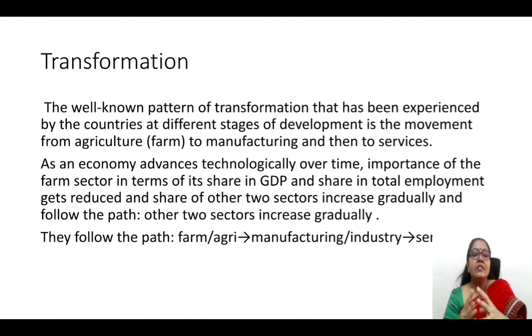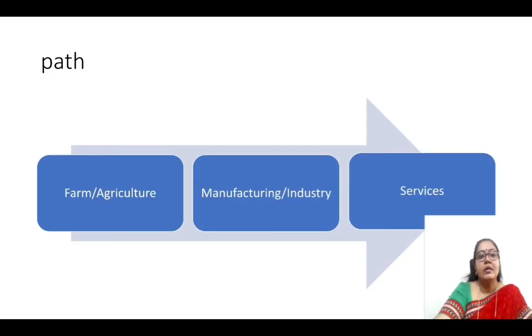The path that we see is farm or agriculture transforming to manufacturing or industries, that in turn transforming to services. Just try to put this in a picture form, wherein the farm or agriculture sector moves towards manufacturing and industry, and finally towards the services.